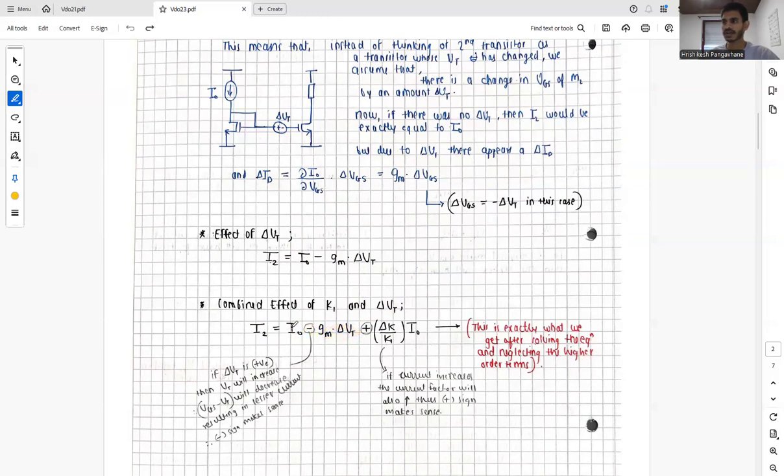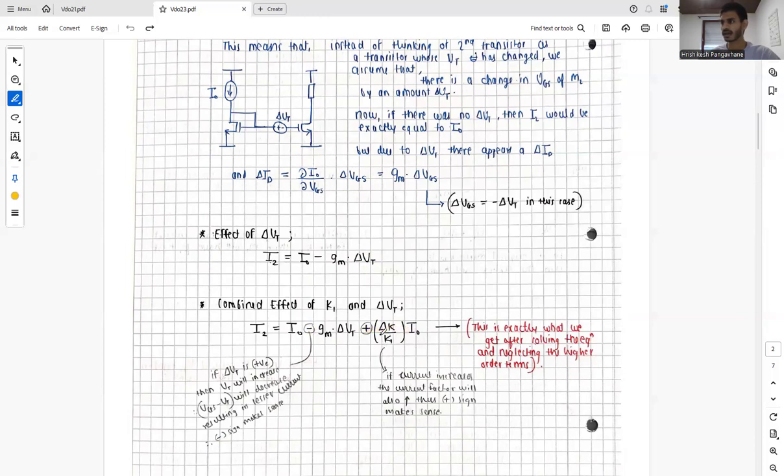If delta VT is a positive entity, then VT will increase and the quantity of VGS minus VT total will decrease, resulting in lesser current. So the minus sign makes sense over here as it will result in lesser current. And due to delta K, this is the effect.